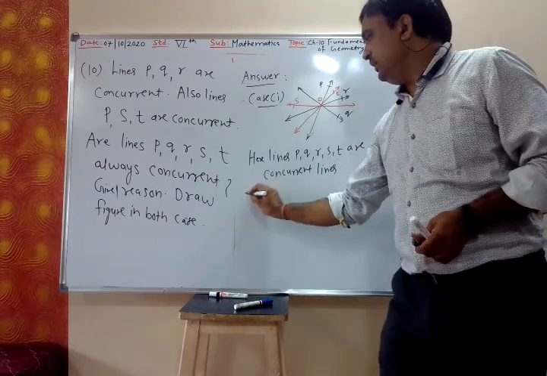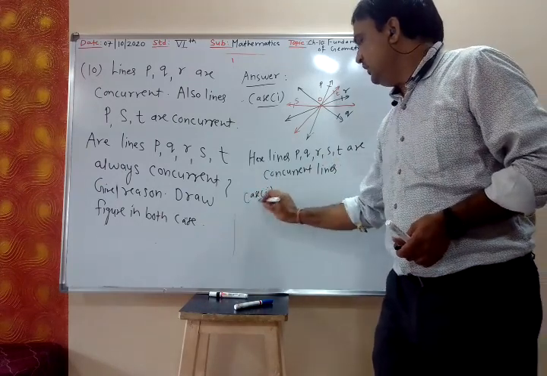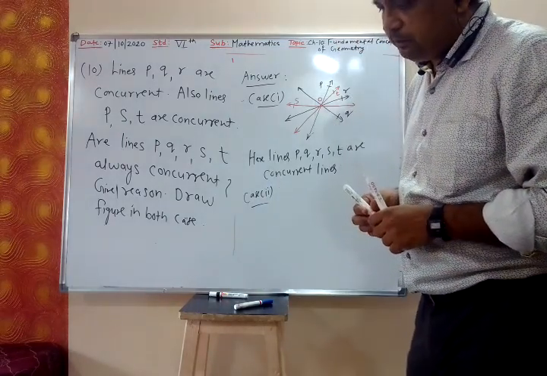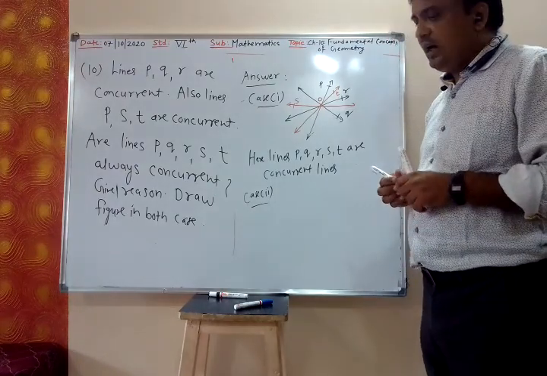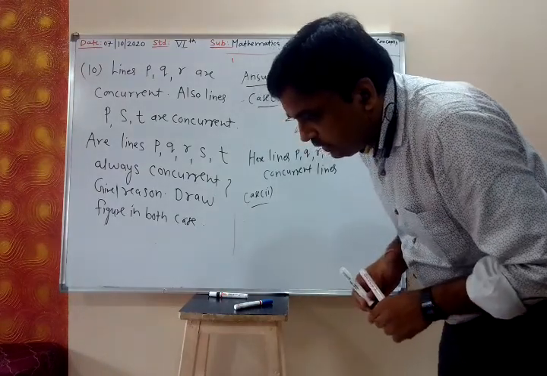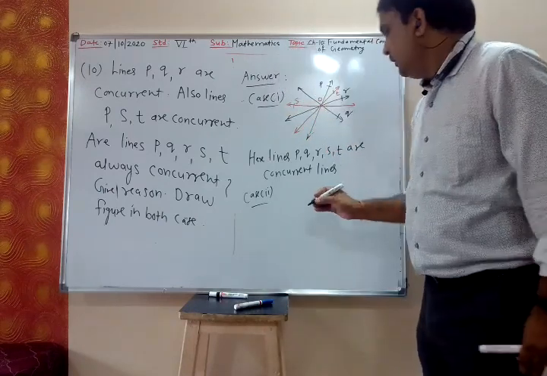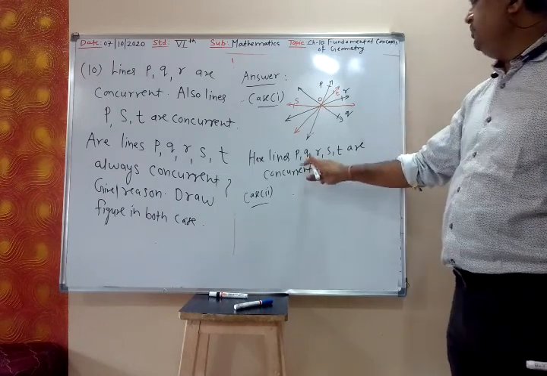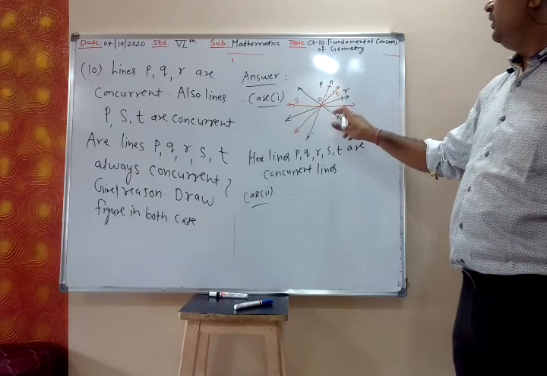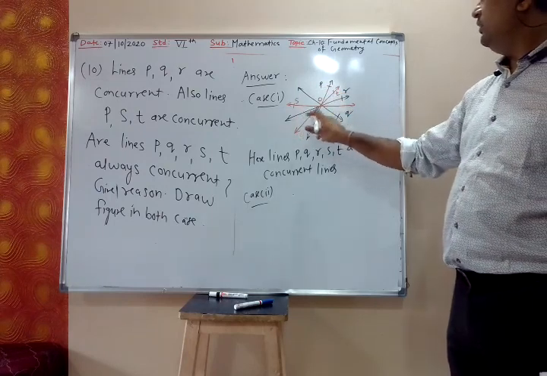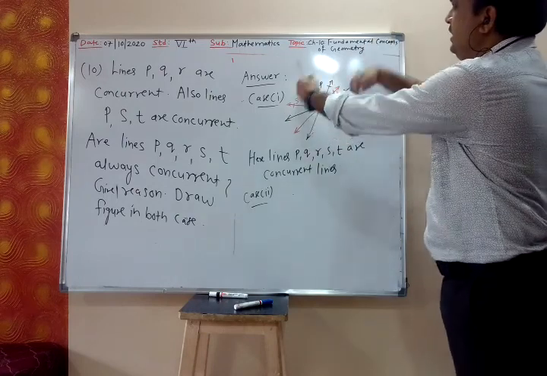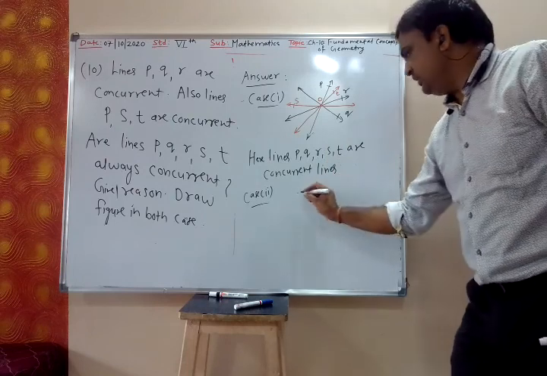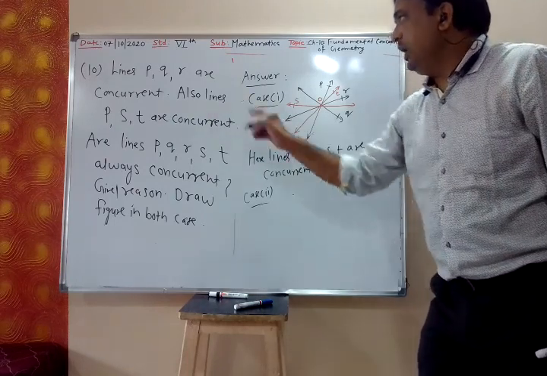Now let us take another case. See, the lines PQRST, all five lines, meet each other at point O. So all the five lines are concurrent lines. Let us take one example, PQR and PST.